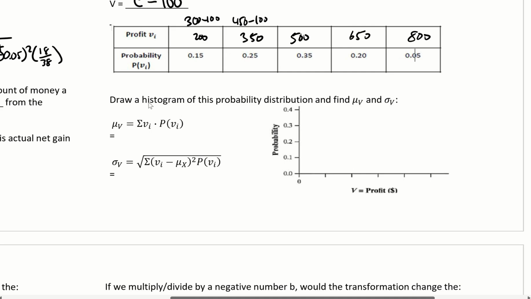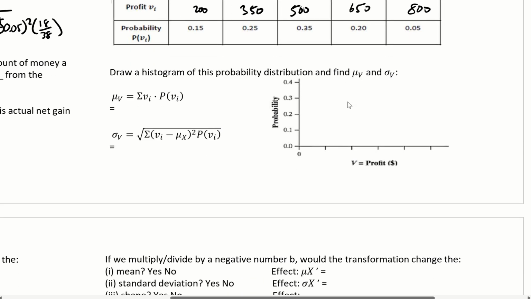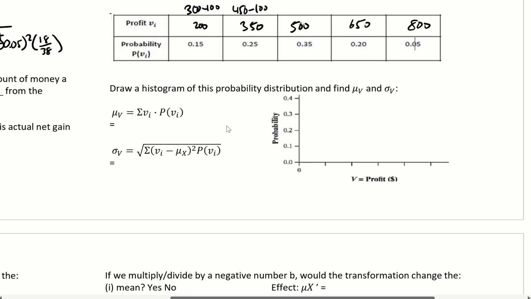Now we're going to see how that affects the shape of the distribution, the mean, and the standard deviation. That's our goal. So let's draw a histogram, and then we'll calculate the mean of V. We're going to scale this: 200, 350, we're not going to put 0 there, 500, 650, and 800.